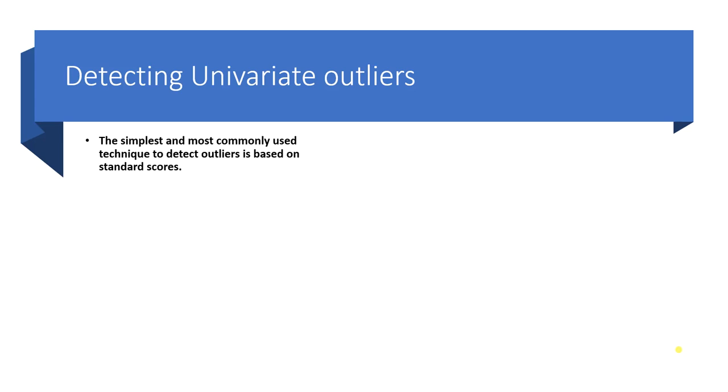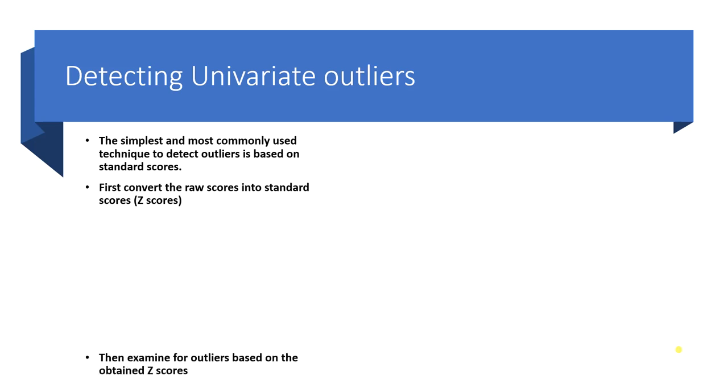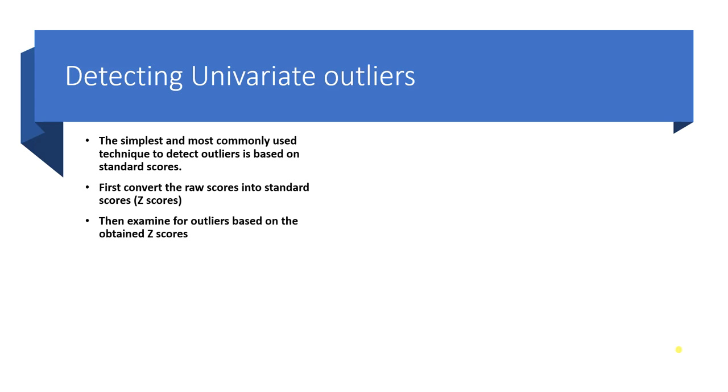So (x minus x bar) divided by SD is the standard score. So the first step is to convert the raw scores into standard scores and then examine whether outliers are there or not based on the Z scores.